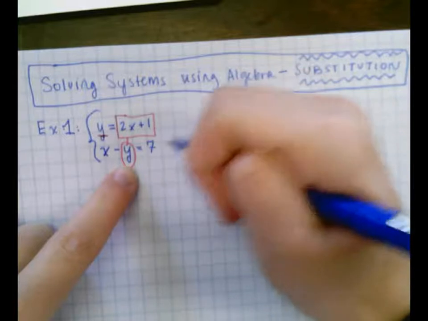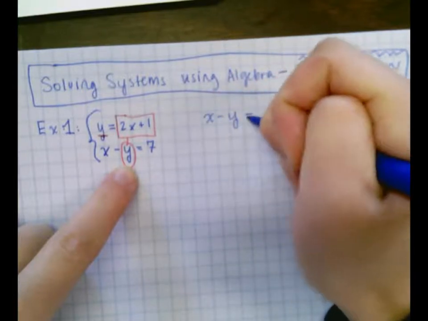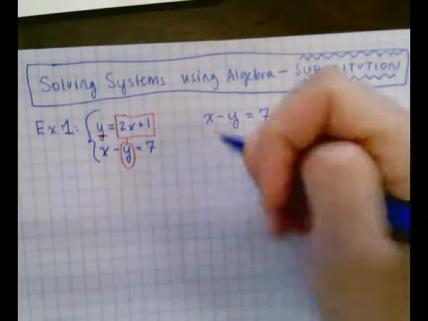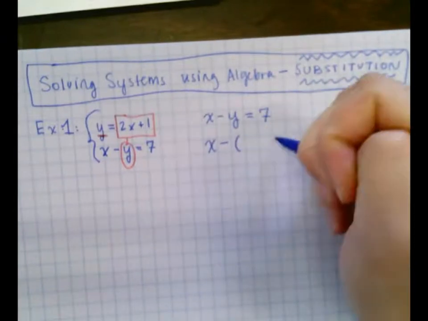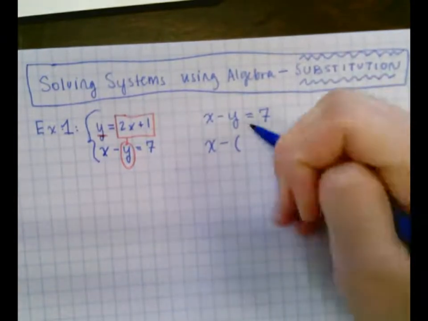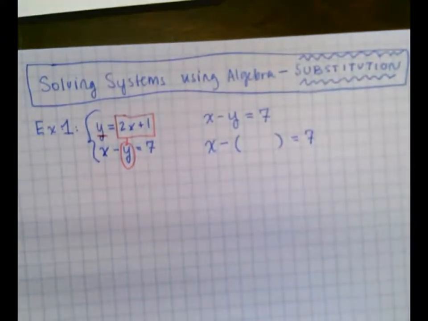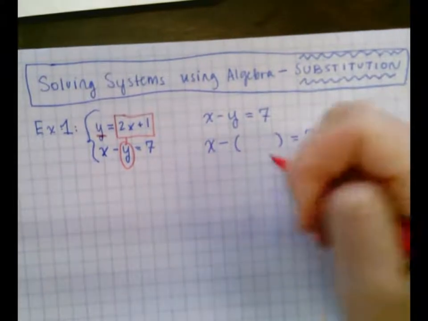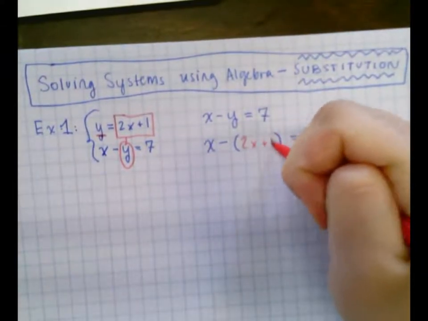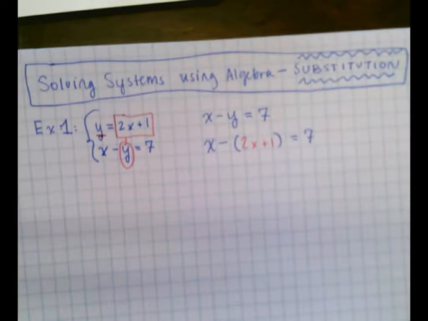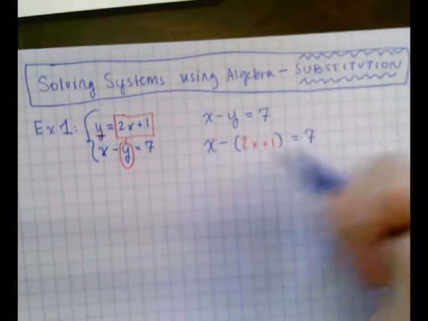So this would look like we start with x minus y is equal to 7. Now I'm writing x minus, and I'm going to be substituting something in that spot where the y was. What I'm substituting in is 2x plus 1. Now this becomes a one variable equation which I know how to solve.